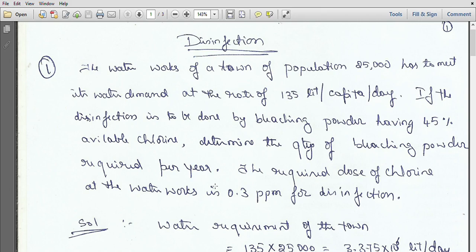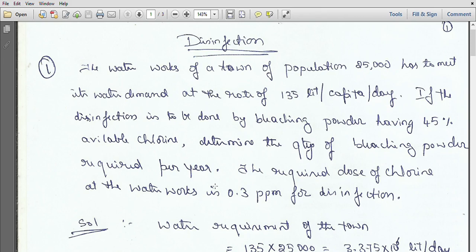Take down the water works of a town of population 25,000 has to meet its water demand at the rate of 135 liters per capita per day.